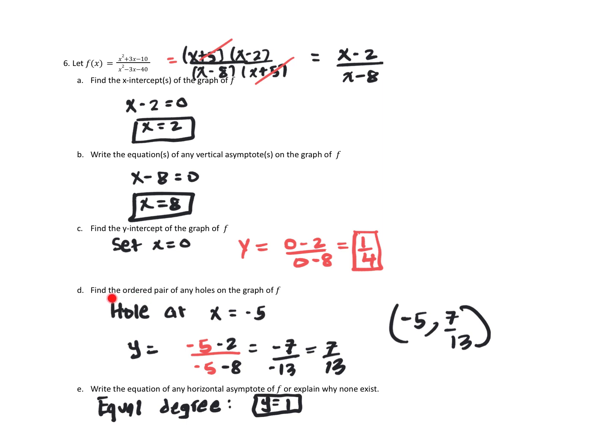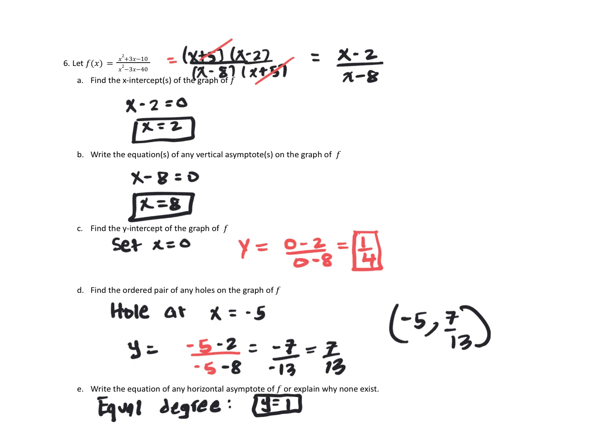And then to find the ordered pair of any holes, you know the hole is at x is equal to -5. Remember the factor we canceled. Then I need to plug that into the simplified form of the equation, this expression here.